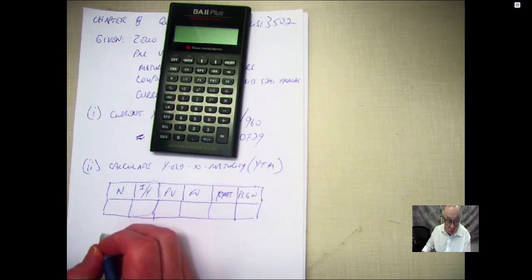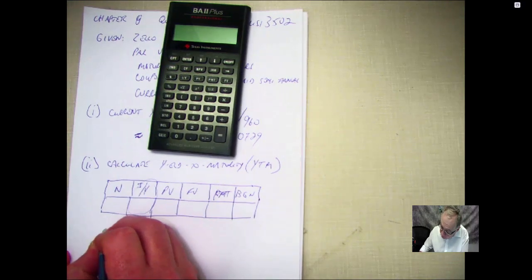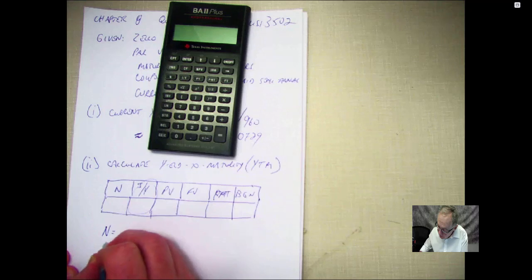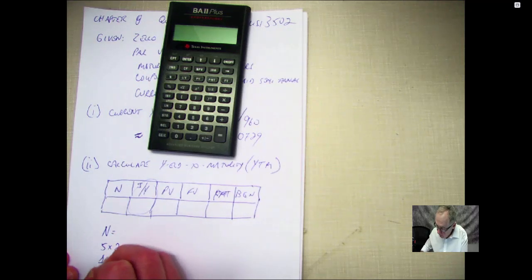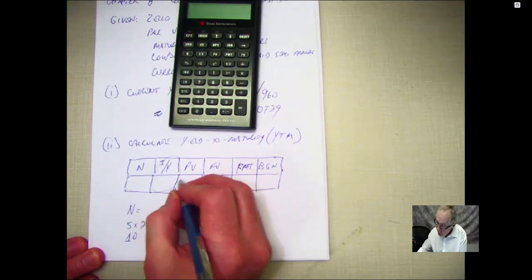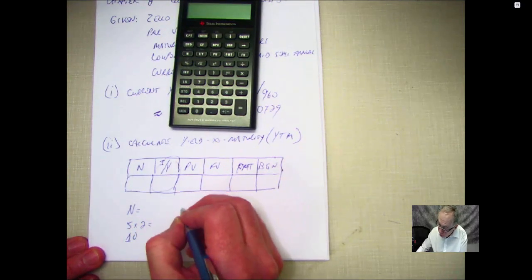Setting this out, number of periods is 5 years times 2 payments equals 10. I/Y is what we're going to calculate.